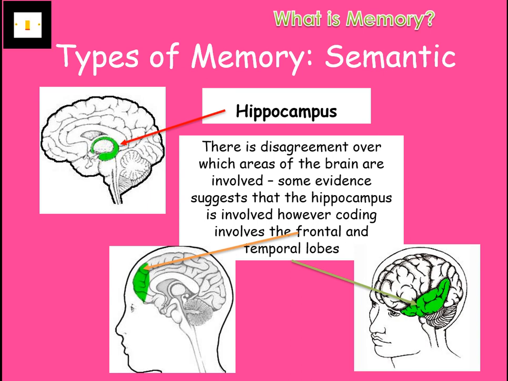There's a lot of research to suggest that people who are used to storing a lot of information tend to have a larger hippocampus than people who aren't. There is a lot of disagreement about which areas of the brain are involved. For example, you can see pinpointed here, the frontal lobes and the temporal lobes are also implicated in our semantic memories.